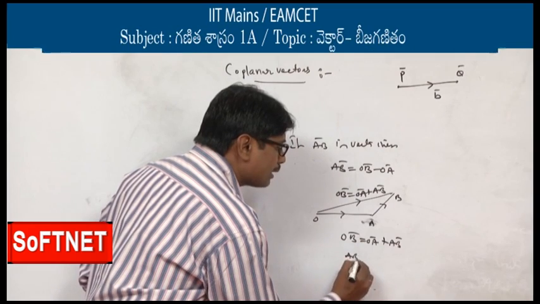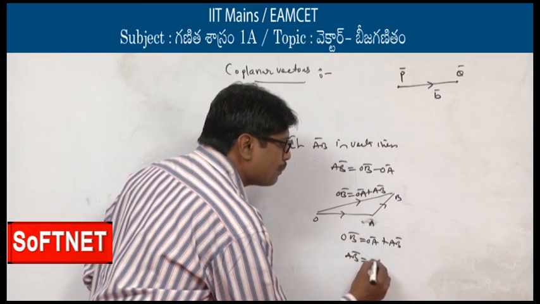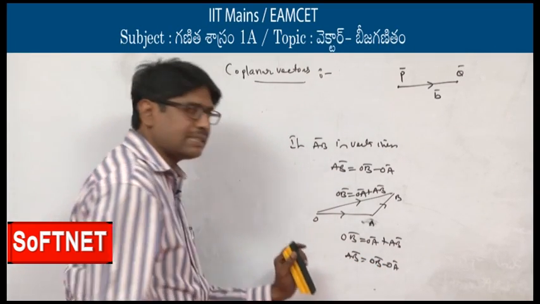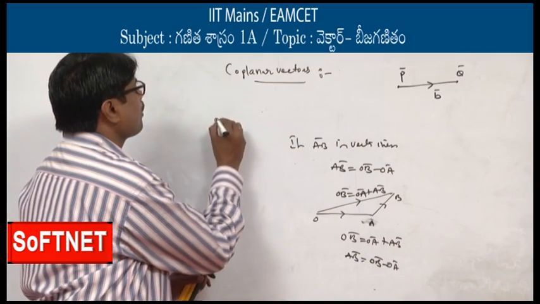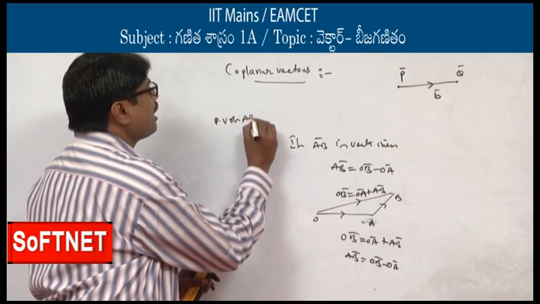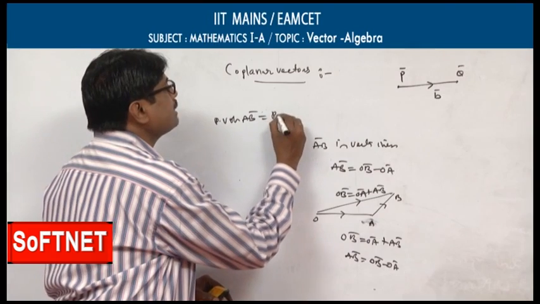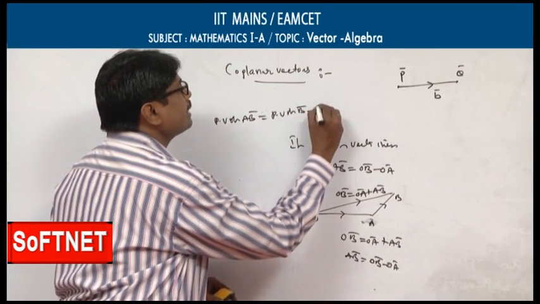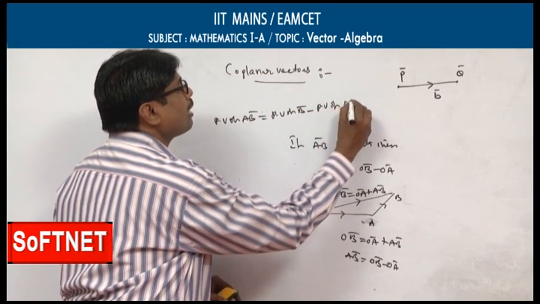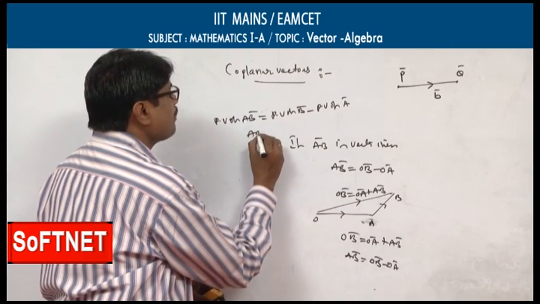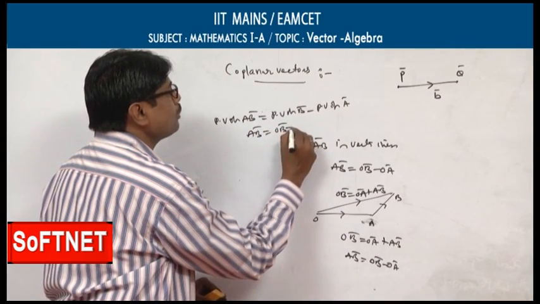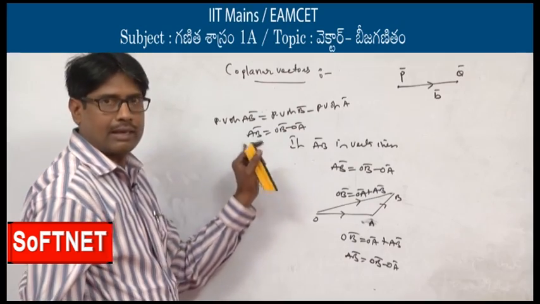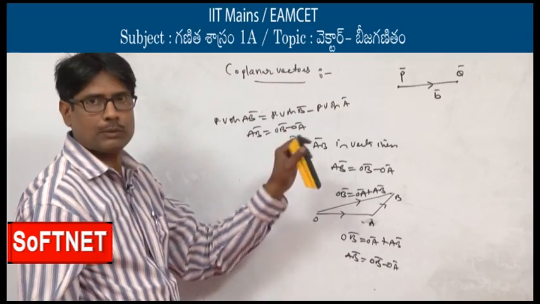Therefore, AB bar can be written as OB bar minus OA bar. So the position vector of AB bar is equal to the position vector of B minus the position vector of A. This is the triangular law of addition, expressed in position vectors.